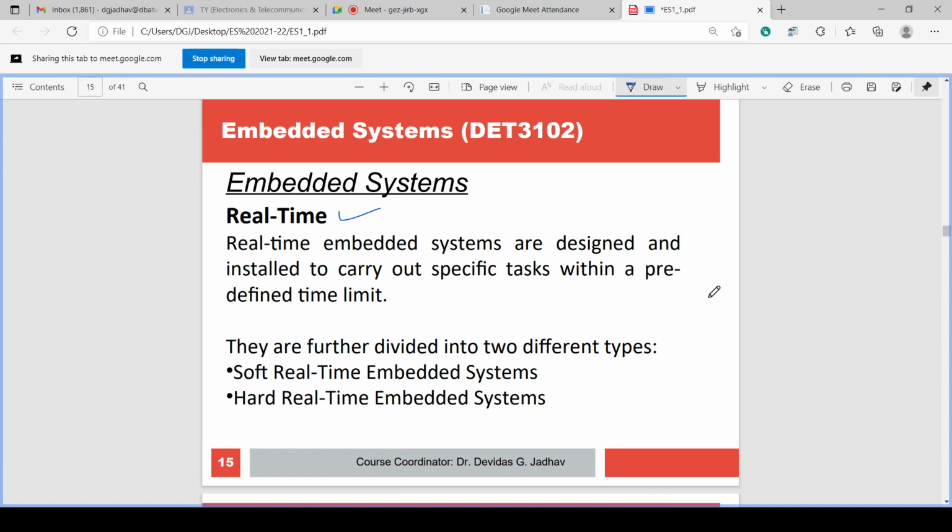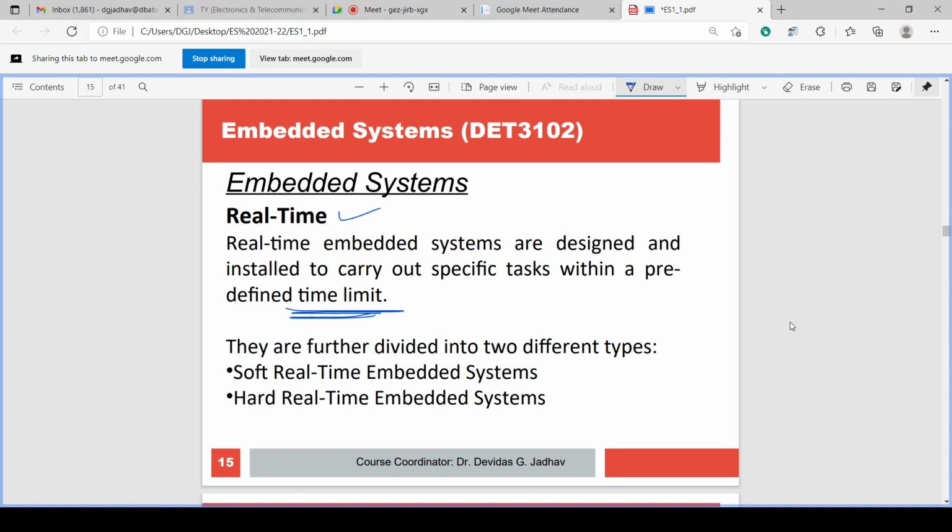That means there will be no changeover time, no breaks in the operation, continuous operation and no allowed breaks. So there is a predefined time limit, and the embedded system has to do the task within that particular time limit. That is called a real-time system.